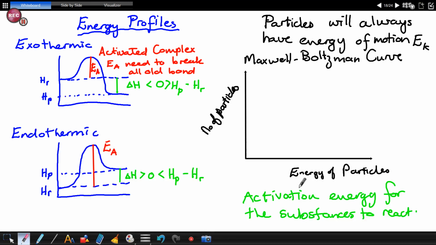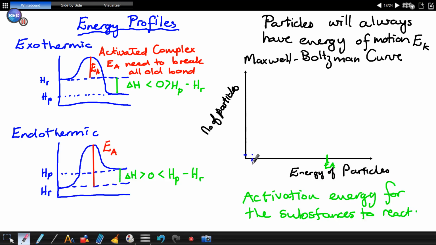So somewhere on this graph we have the activation energy, EA, on the x-axis. Now, some particles will have very little energy, but there will be a small number of particles with that amount of energy. So here, that's the number of particles with that amount of energy.